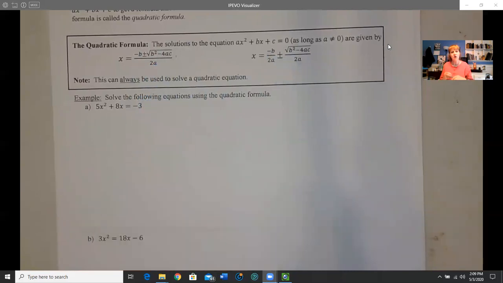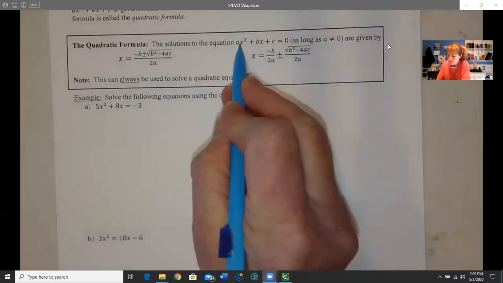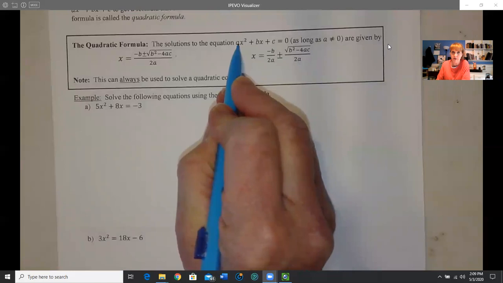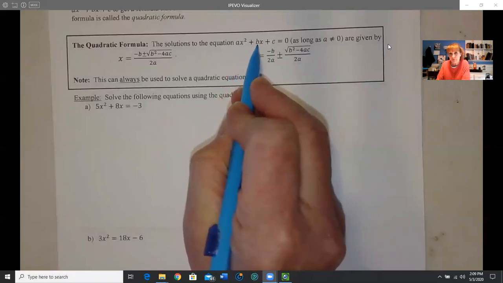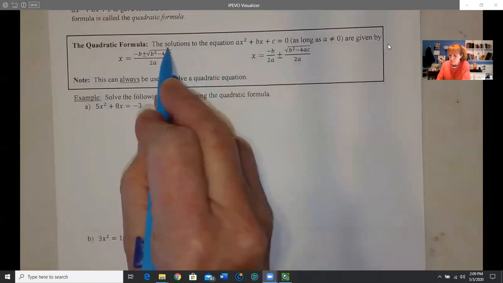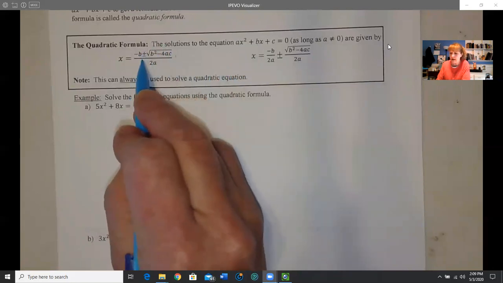All right. So in this quadratic formula, the a in the formula is the number in front of your x squared. The b in the formula is the number in front of the x. So when we're filling this in, we're not going to be putting the x's in.